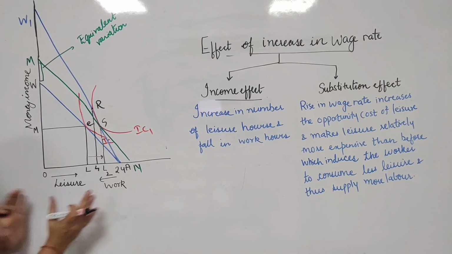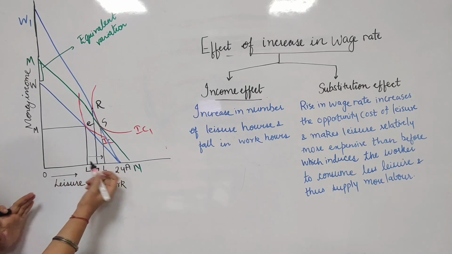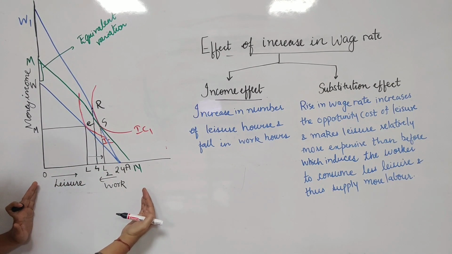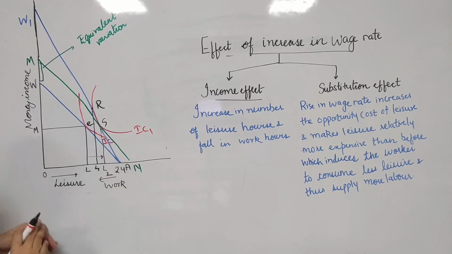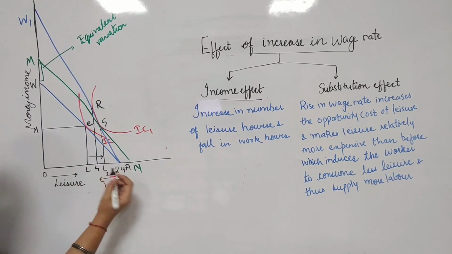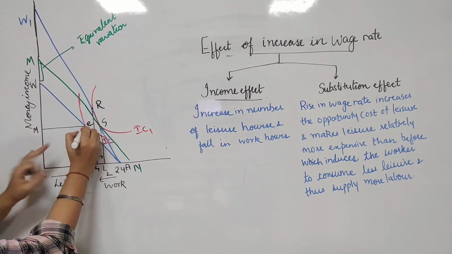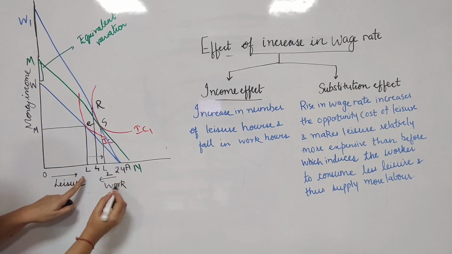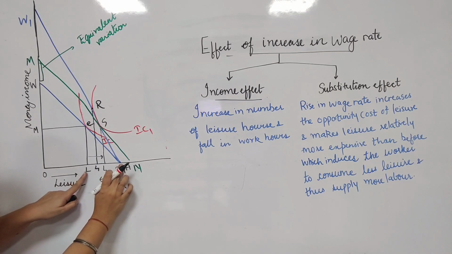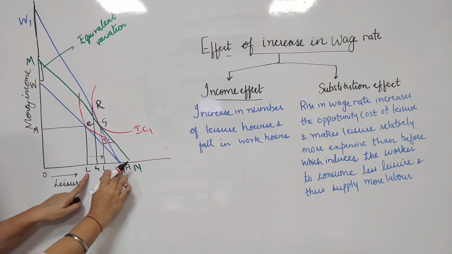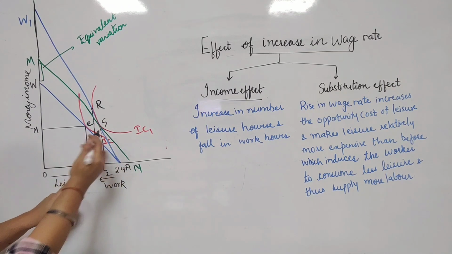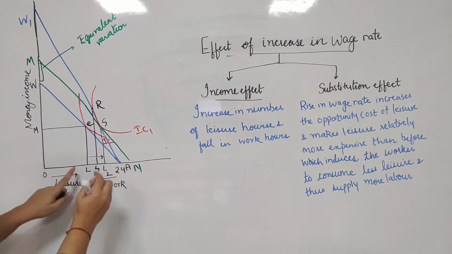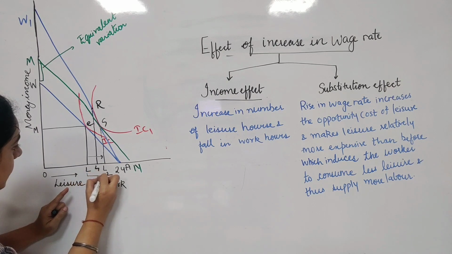Because of the income effect, the individual increases leisure hours from L to L2, and in fact he reduces his working hours. Earlier, from the initial position E, he was working from point A to L, and now when he moves to point S, he reduced his working hours by LL2.